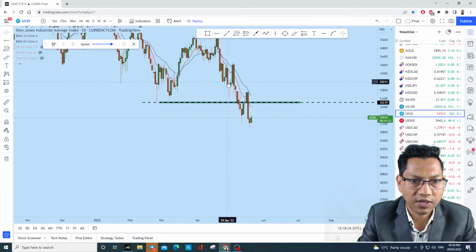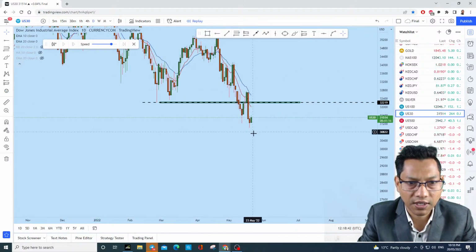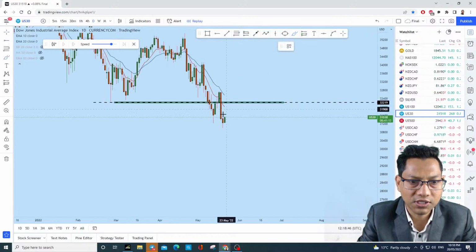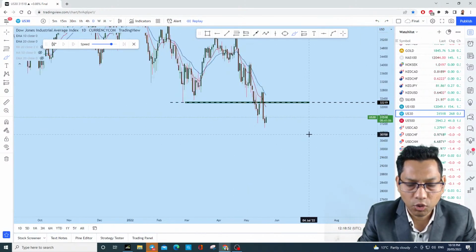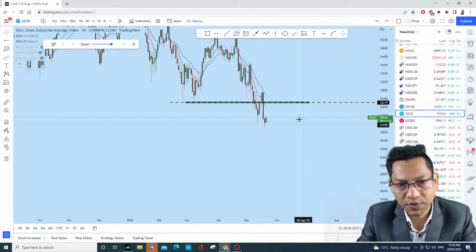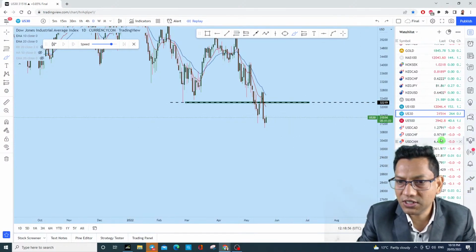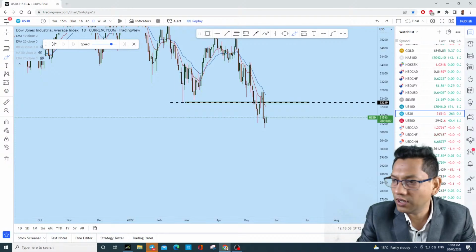You see, every time the price goes up, creates this kind of pattern, and then drops from this 20 period moving average. I think that it will do the same. It will go up to this level and then will drop. So US 30 currently no trade. It needs to go up, test this previous support as resistance, and then the trade will come.